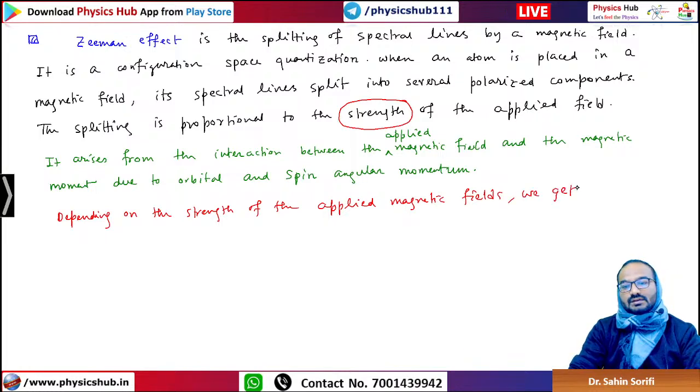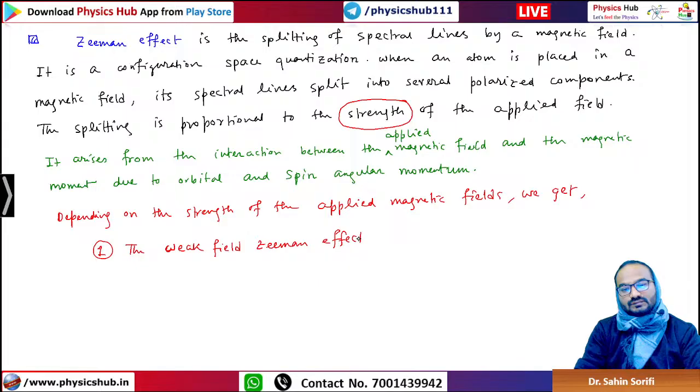Number one, the weak field Zeeman effect. For this kind of Zeeman effect, the applied magnetic field is weak. And we get the strong field Zeeman effect.